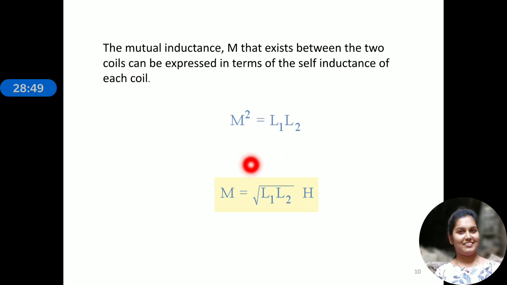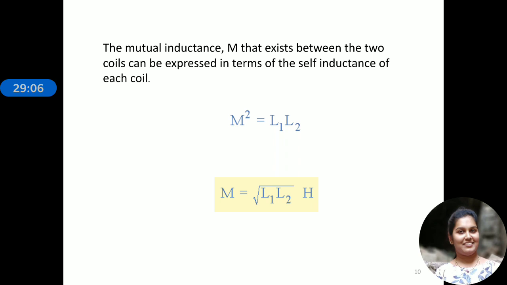So the magnetic flux linkage with the two coils can be defined as a fraction of the total possible flux linkage between the coils.